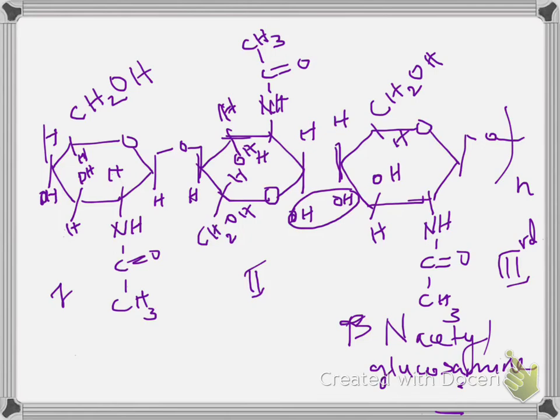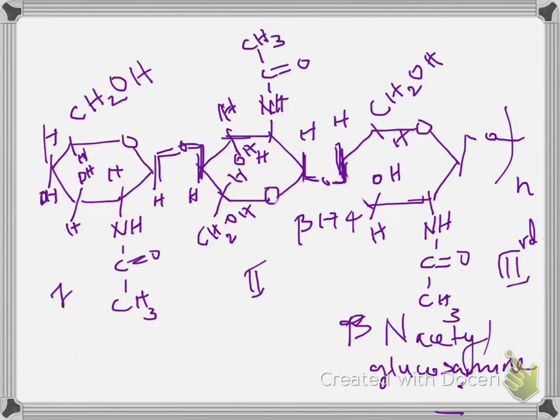With the removal of water, a beta 1,4 bond is formed like this. So the first bond is like this and the second bond is like this; this is also a beta 1,4 glycosidic bond.